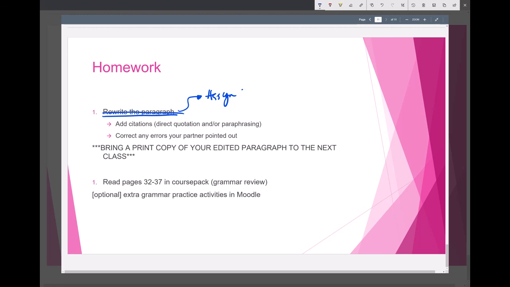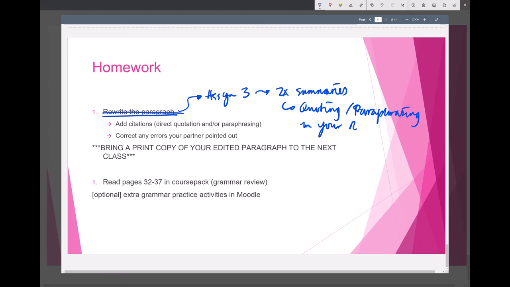Work on your assignment 3. Remember, you have 2 summaries that you need to do. Use quoting and paraphrasing in those summaries. So I'll be looking for them, and it's good practice for you in your research proposal. So that's your homework.